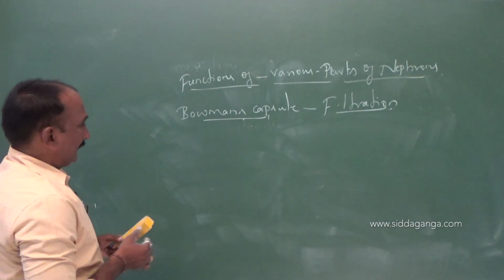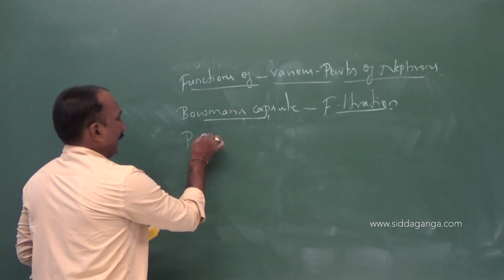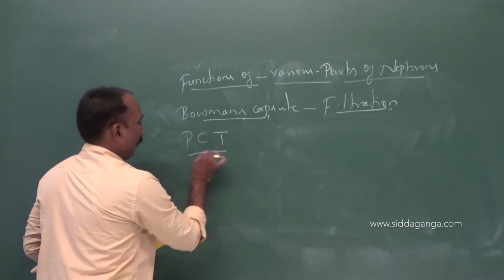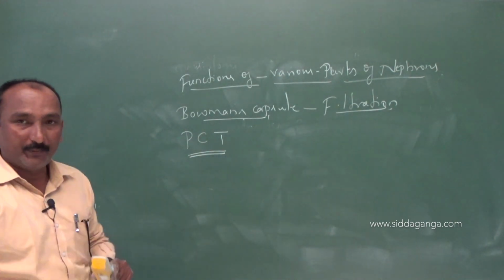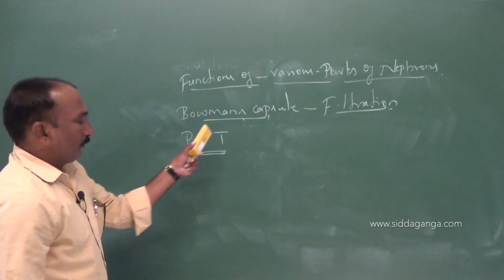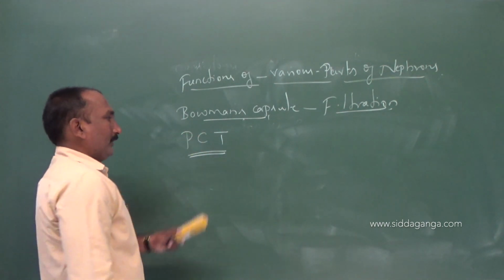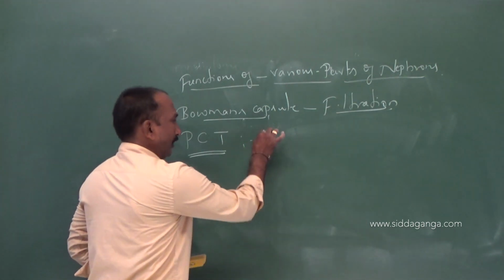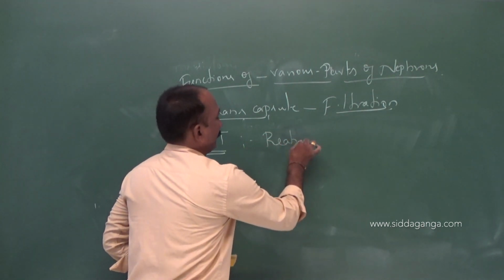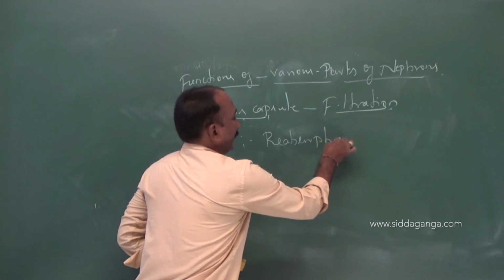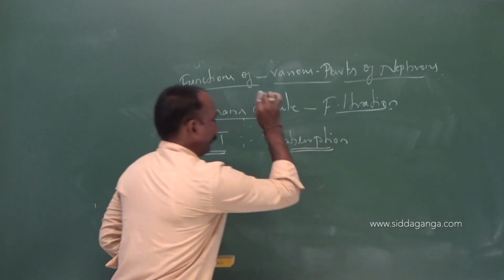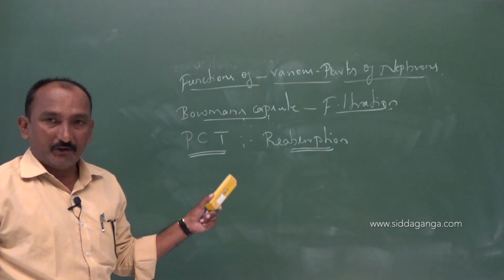Next to the Bowman's capsule is another part, the proximal convoluted tubule. What is the function of the proximal convoluted tubule? It is mainly involved in reabsorption. What components are reabsorbed within the proximal convoluted tubule?